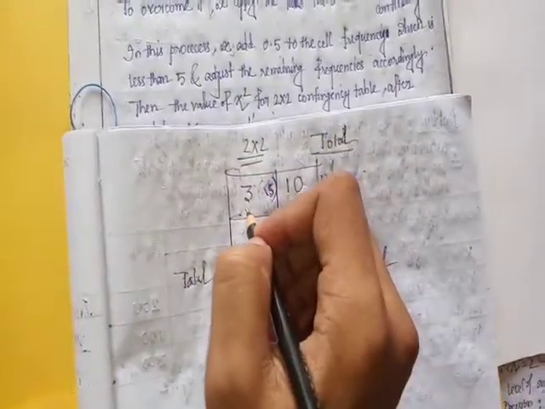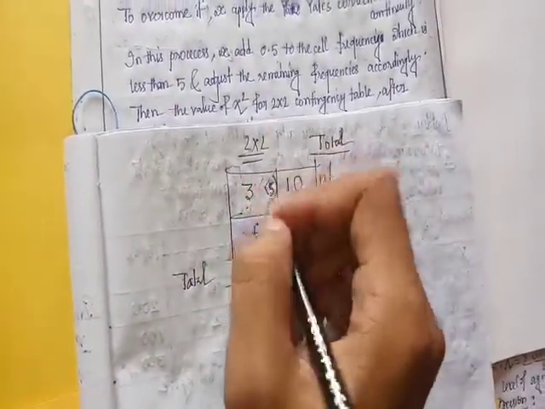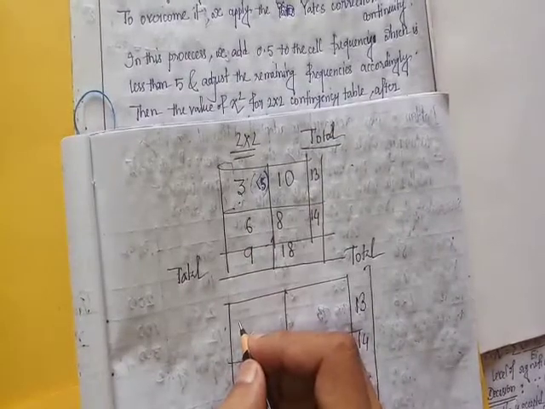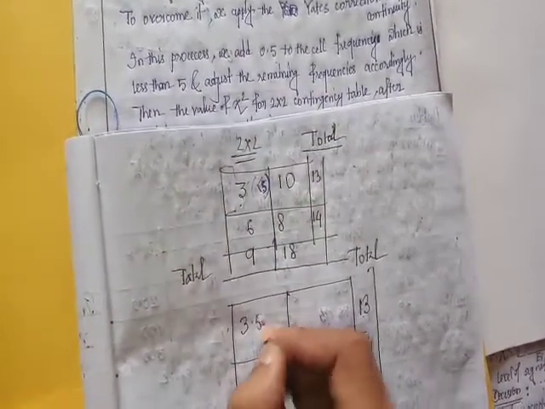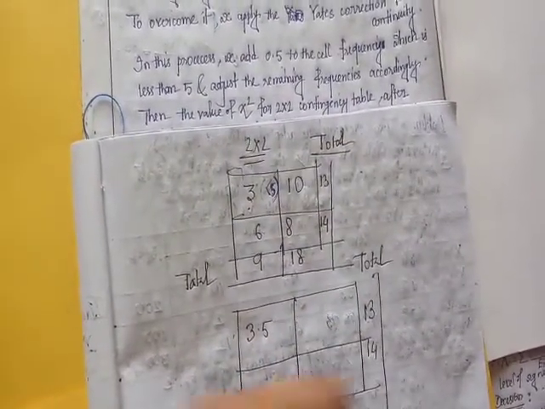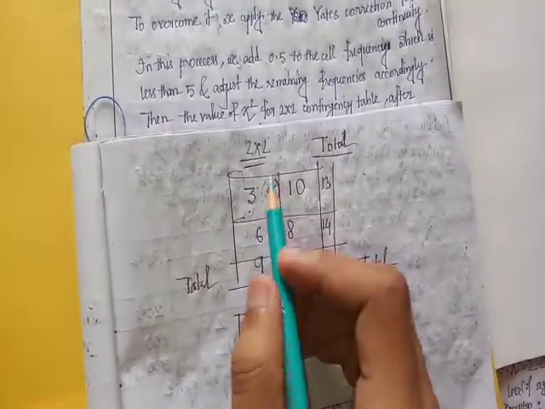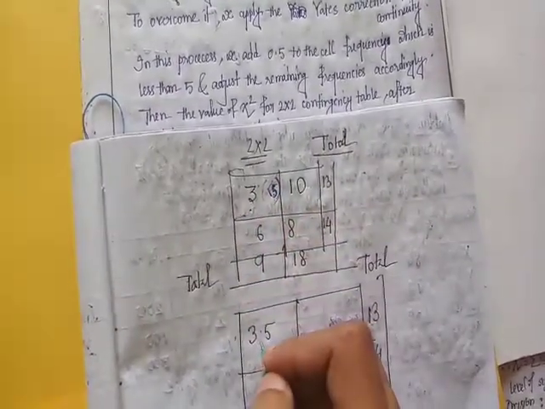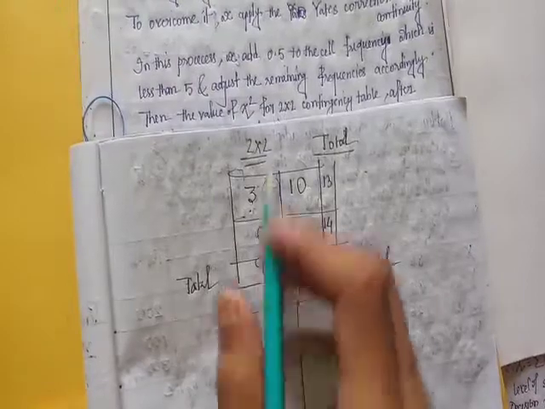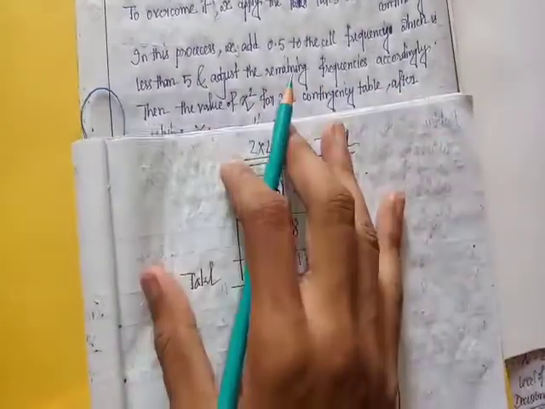Here 3 is less than 5, so we add 0.5 with 3, so the new observed frequency becomes 3.5 and adjust the remaining frequencies accordingly.